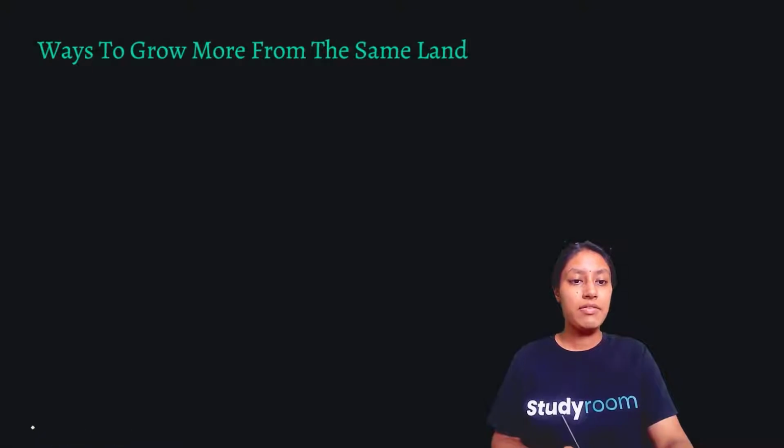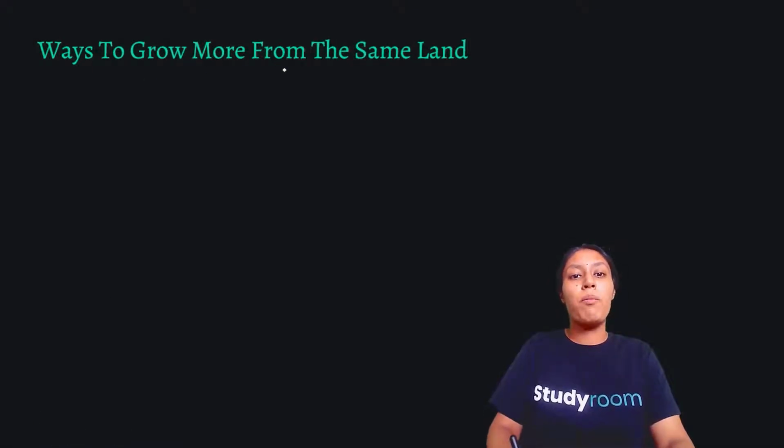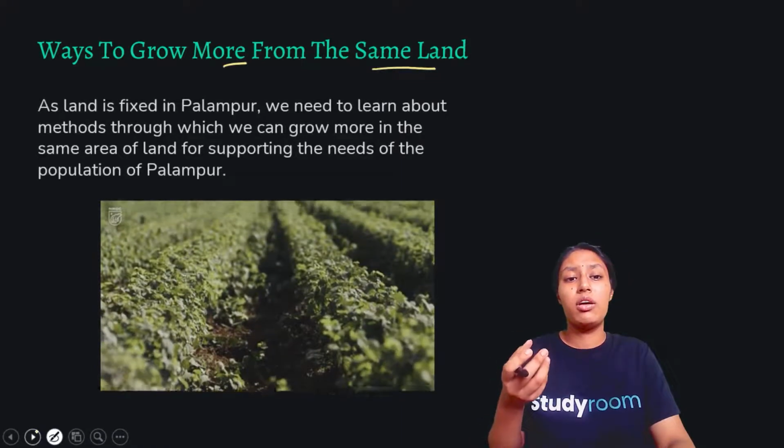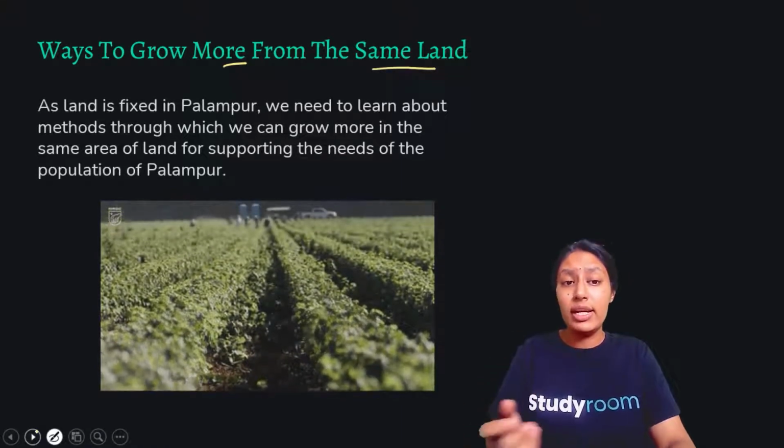Moving on, we have ways to grow more from the same land. As we discussed, the land is fixed. Now, what are the ways through which we can grow more on the same land?